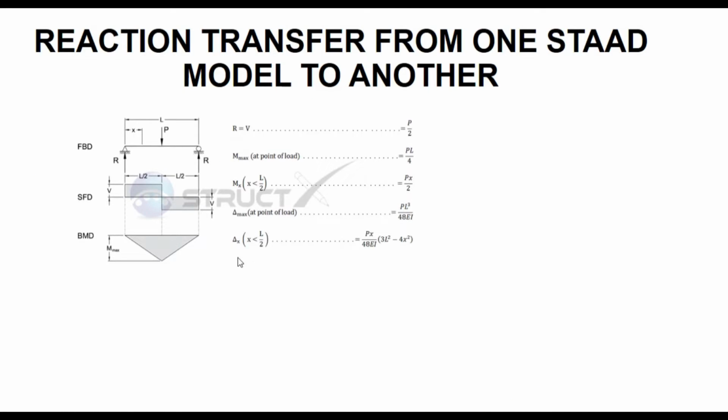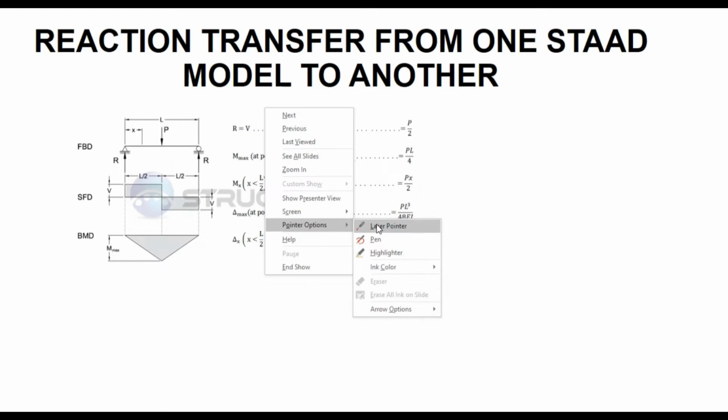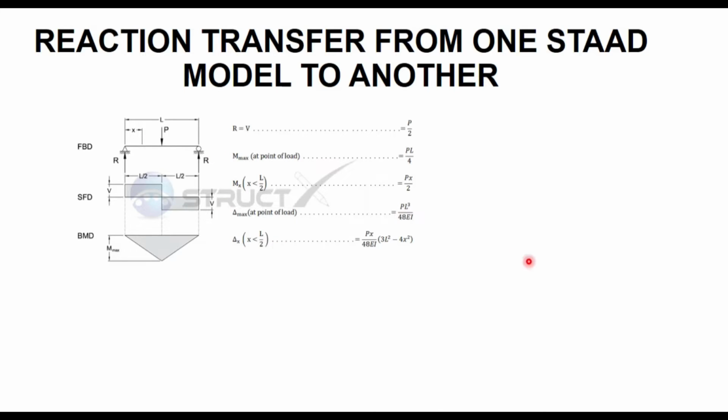Now to understand this quickly, first of all, those who are beginners, I'll just brief you about the fundamental of how it works, right? So all of you are aware about the analysis part, right? It's the simple fundamental rule. Whatever loads you are applying will be converted in terms of reaction wherever you have provided a support, right?